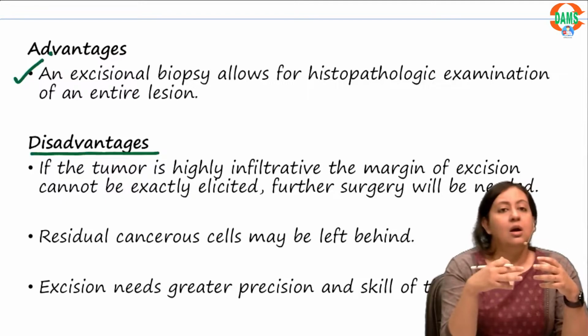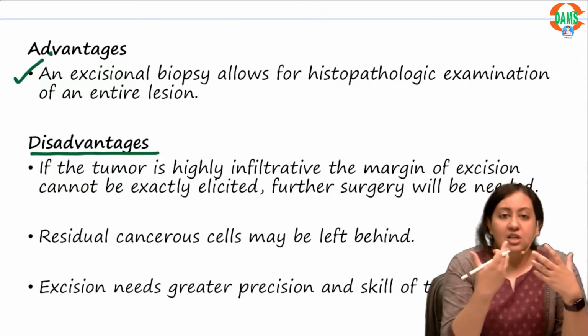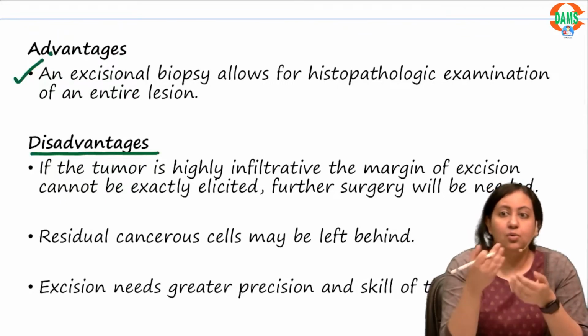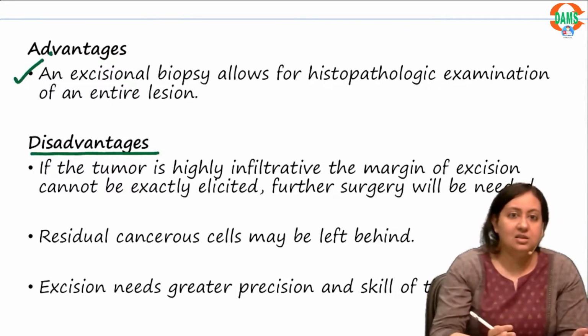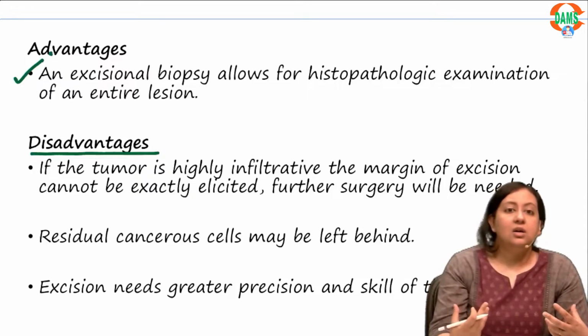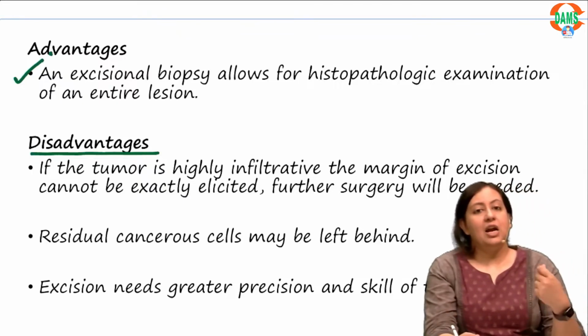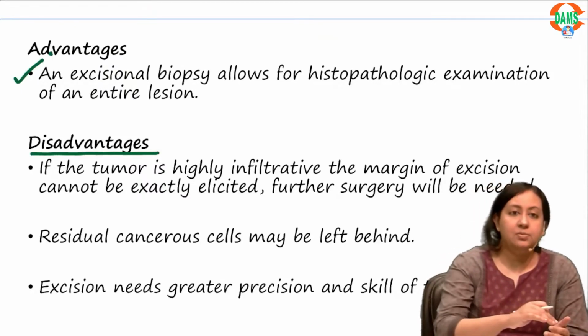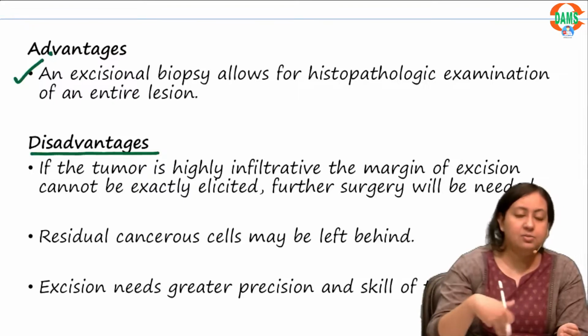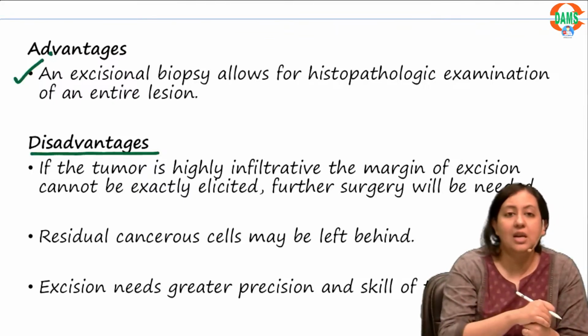Another disadvantage is, what if the lesion turns out to be malignant? So you will have to come back and do another surgery to clear off the malignancy. Third scenario may be you may leave behind residual carcinoma cells, residual malignant cells by doing an excisional biopsy based on what you're seeing with naked eyes.